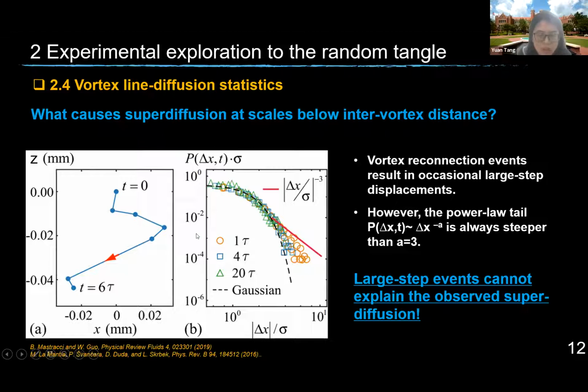However, those large distance hops can only lead to a power-law tail comparable or much steeper than the power-law index equals 3. Those observations suggest that large step events cannot explain our observed superdiffusion.